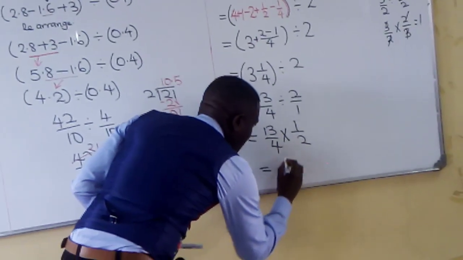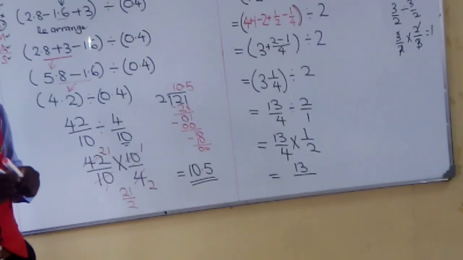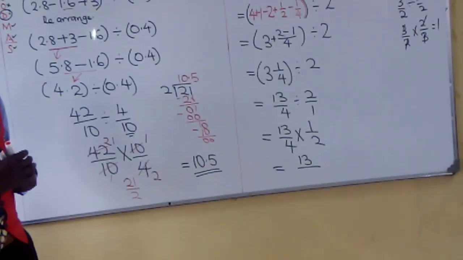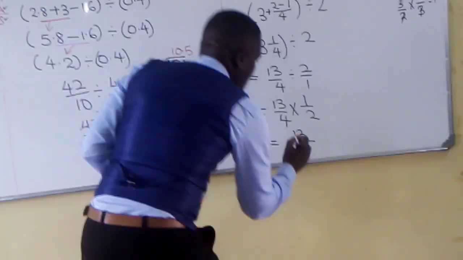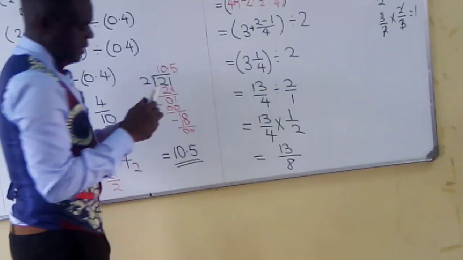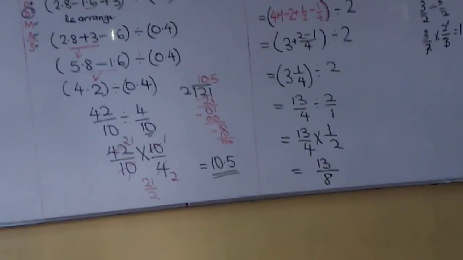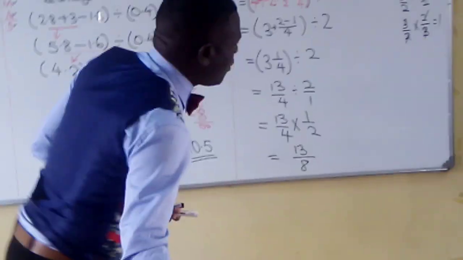So we have 13. And what is 2 multiplied by 4? Laleti. Correct, Laleti. 2 multiplied by 4 is 8. Is that the answer, boys and girls? Not really. Thank you. We have one more step to go.